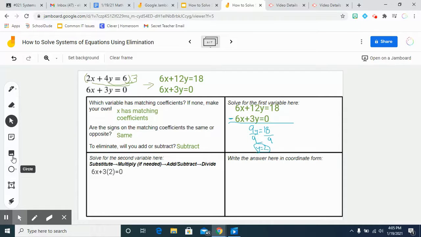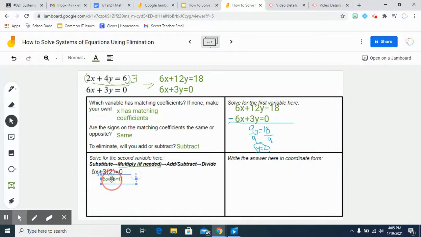So once again, I'm just going to color code this just to kind of show you where I'm getting these different things from. So when I do that multiplication, I find that I have 6x plus 6 equals 0.